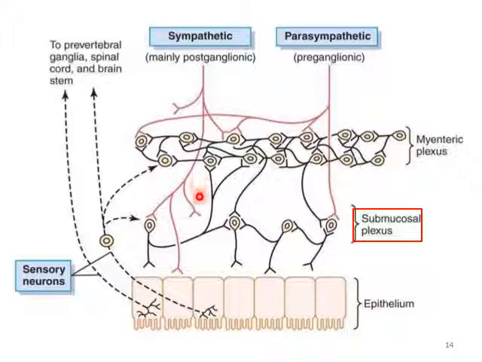Then the second are the reflexes that arise from the gut. ठीक है. आपके गट में से ही arise होते हैं, and then they go to the sympathetic ganglia तक जाते हैं, लेकिन दोबारा वापस आ जाते हैं. So these are the second type of reflexes, and the third are that the reflexes, they arise from the gut, they go to the brain or the spinal cord, ठीक है, and then they come back again to innervate. So these are the three types of reflexes.